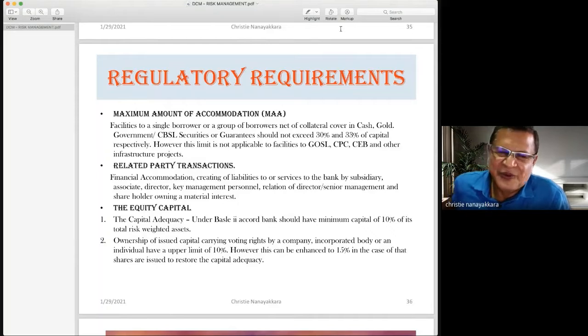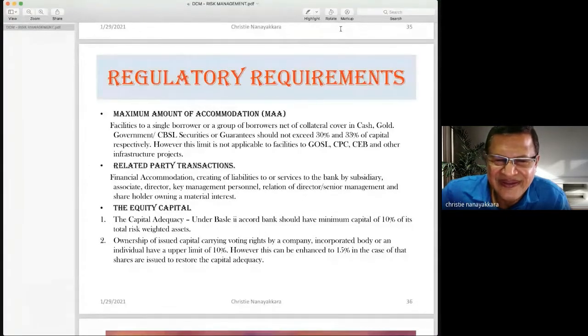So there is an option to overcome this, but most of the good customers, especially blue chip corporates, don't like these kinds of arrangements, because then they are subject to answering the lead bank, and sometimes the other participating banks also ask questions.